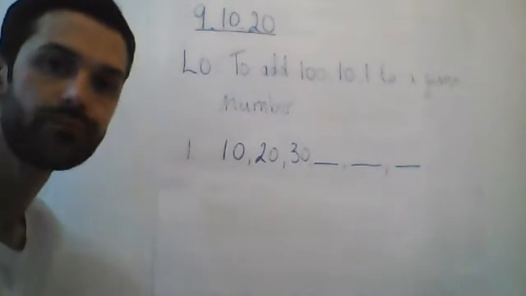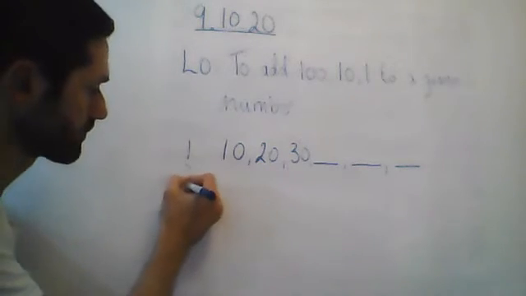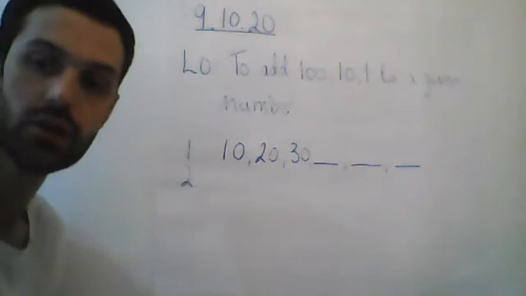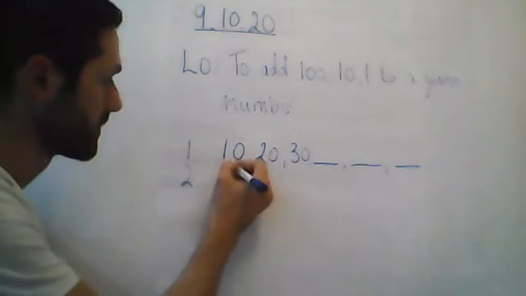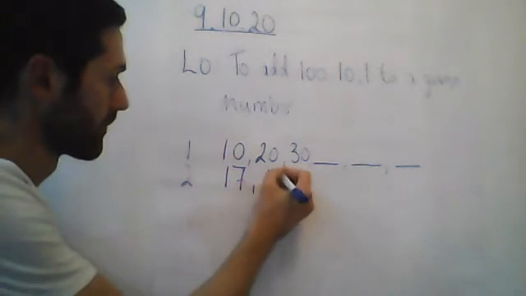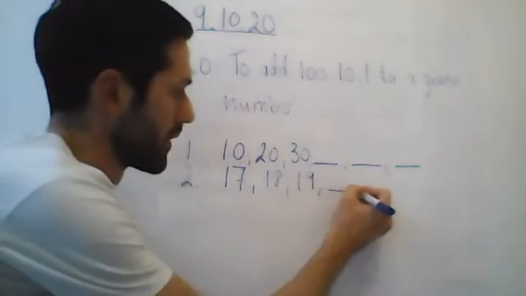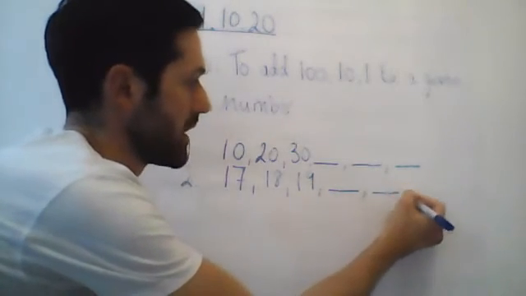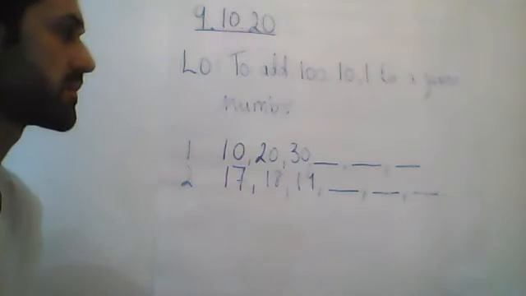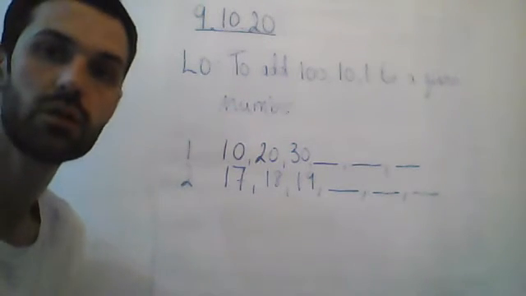Okay, same again. I'm going to give you number 2. Next sequence of numbers is going to be 17, 18, 19, and I want you to write down in your books the next 3 numbers, please.